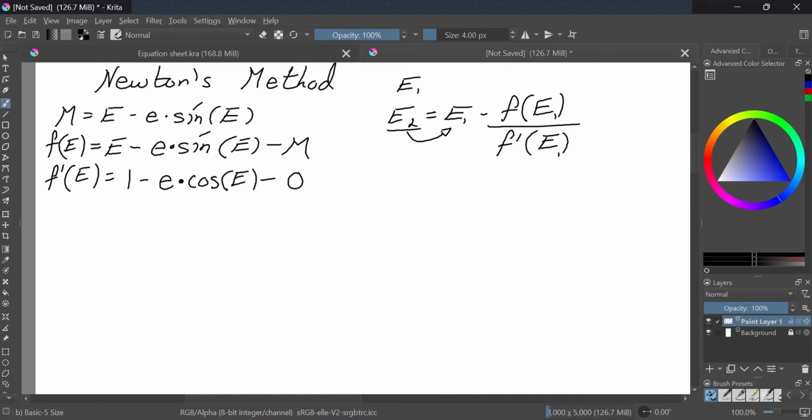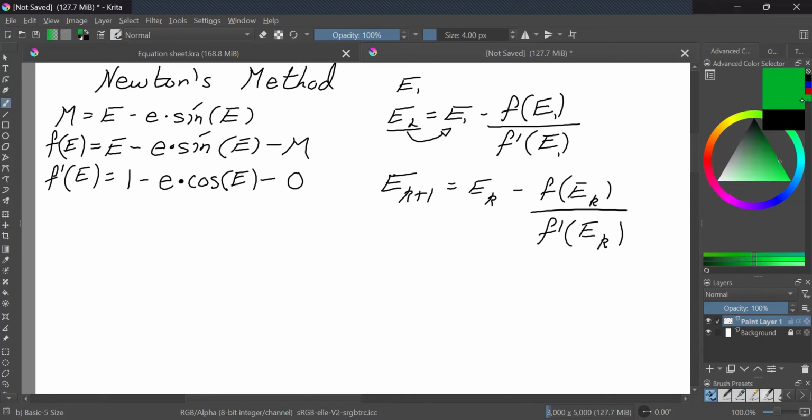To put this in a more generalized format, we'll have E sub k plus 1, the next iteration of our E, is equal to E sub k minus f of E sub k over f prime of E sub k. And I'm going to go ahead and box that just so we don't lose it.